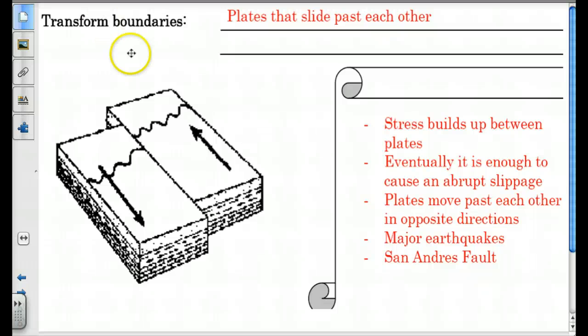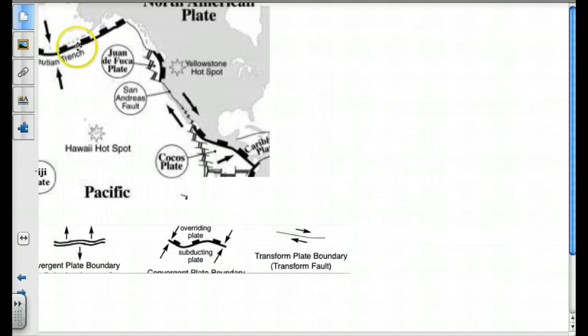It takes millions of years for these continents to separate, and that was one of the problems with the idea of plate tectonics, that it would take hundreds of millions of years to have the continents moved so much that they could be that far apart from one another. So these are transform boundaries, where you have one plate moving past another.